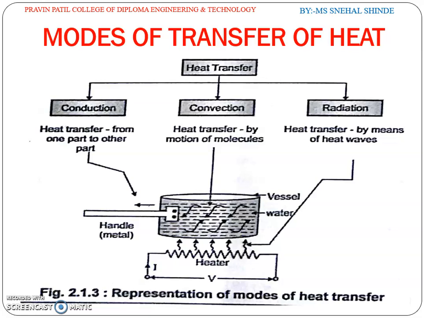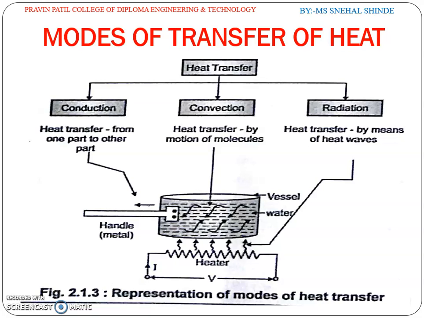So the representation of modes of heat transfer is shown in the figure. There is a vessel filled with water, and a handle, which is metal, is connected to it. Below the vessel, a heater coil is provided.